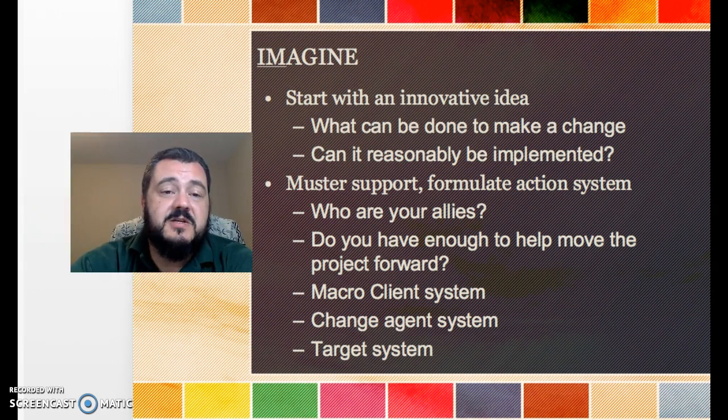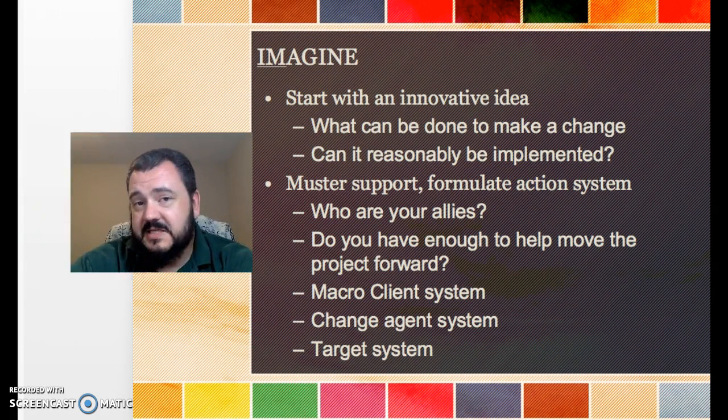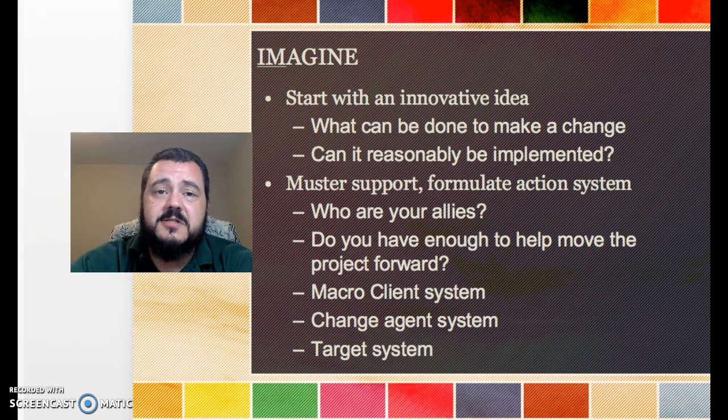But let's say that you wanted to work with, say, the mentally ill, right? So we want to do something for them. There have been some interesting projects in the past where people have worked on improving housing units for them. So the macro client system would be the severely and persistently mentally ill. The change agent system might be whatever organizations are helping to put together the housing units. It could be the students, it could be all of the construction workers.